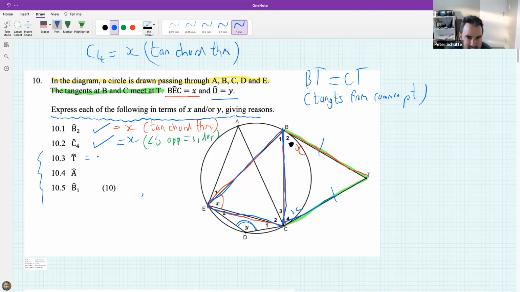Okay, so T is going to be 180 minus 2x. That is because of sum of angles in a triangle.